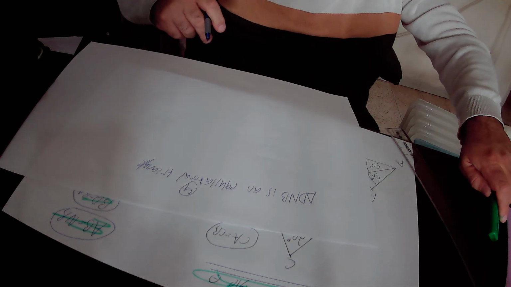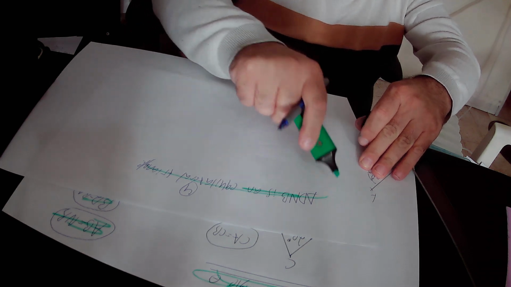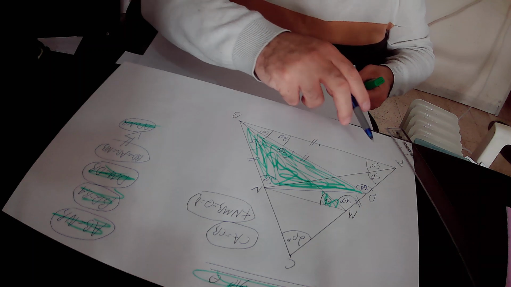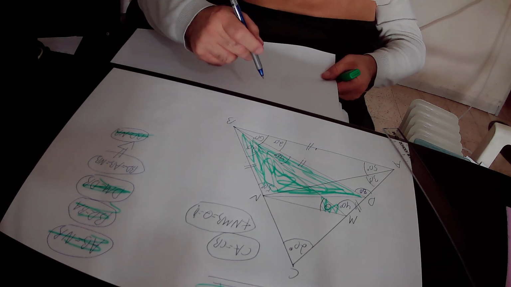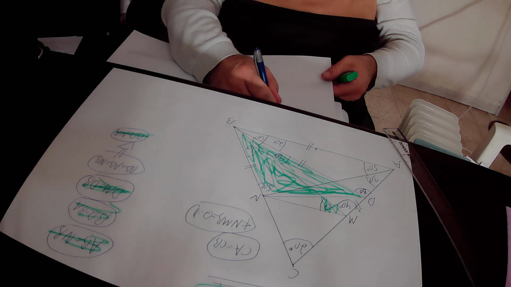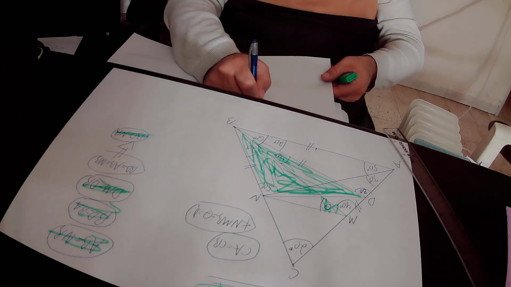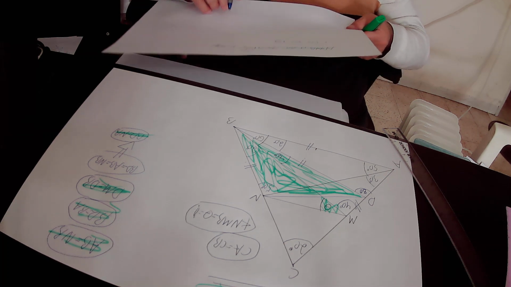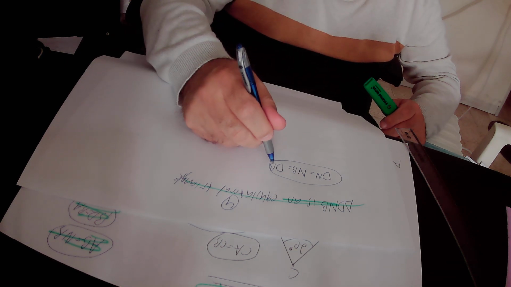We know that all the sides in any equilateral triangle are equal to each other. That is to say, side DN equals side NB equals side DB.